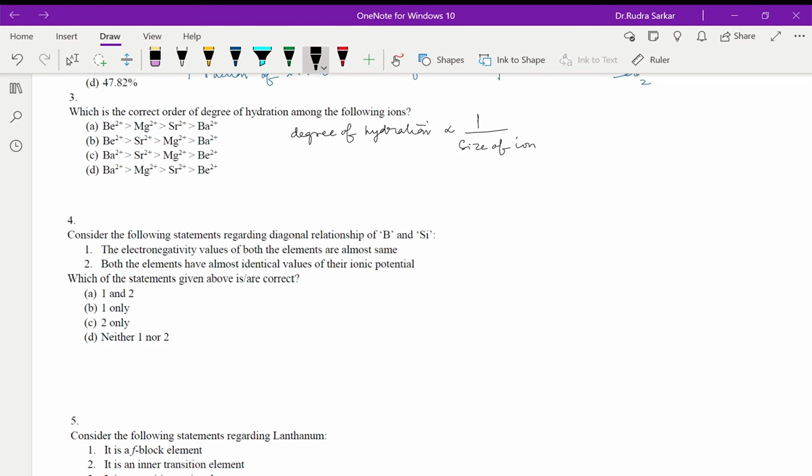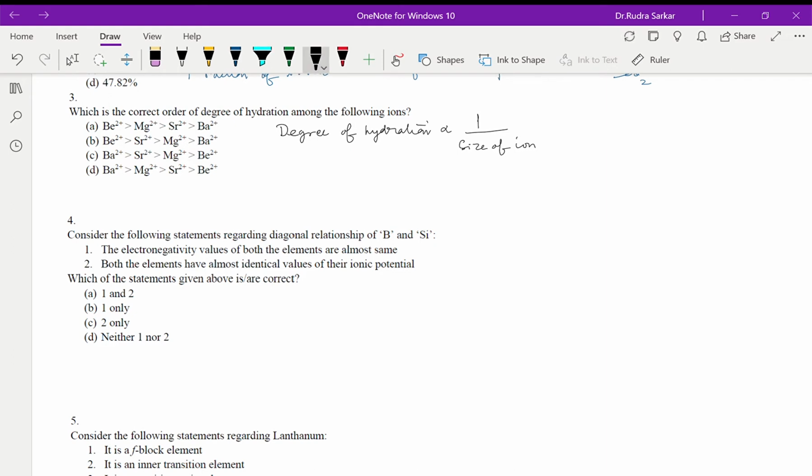Okay, so we are saying that degree of hydration is inversely proportional to the size of ion.